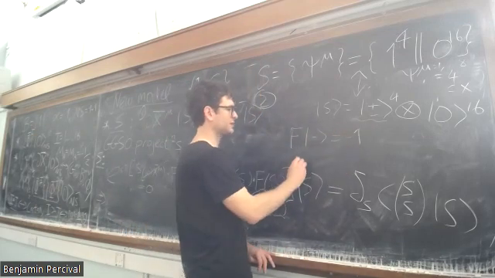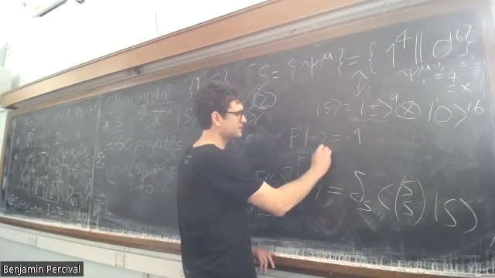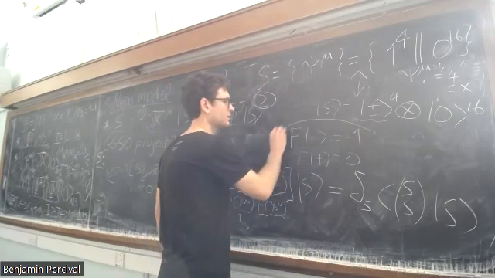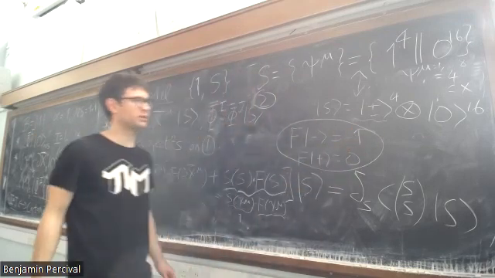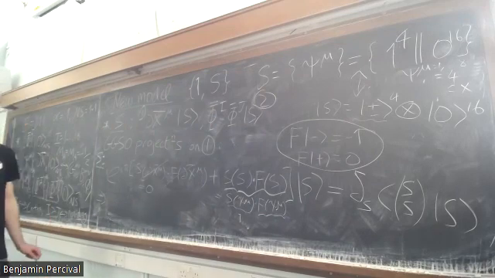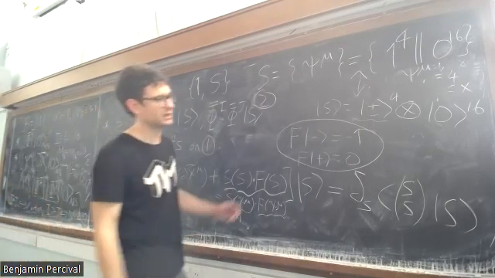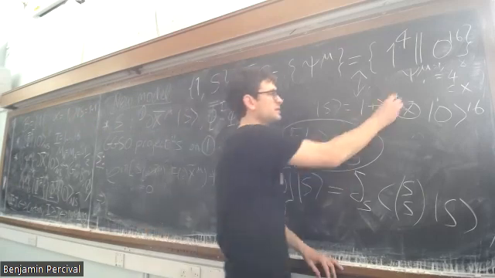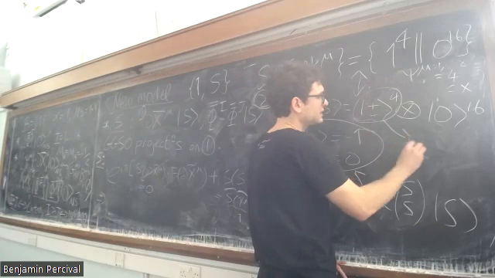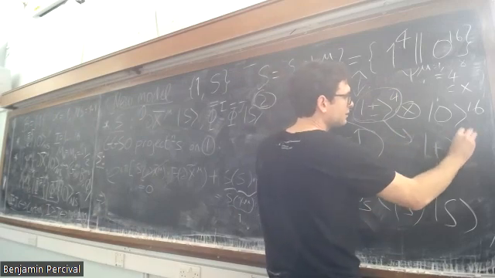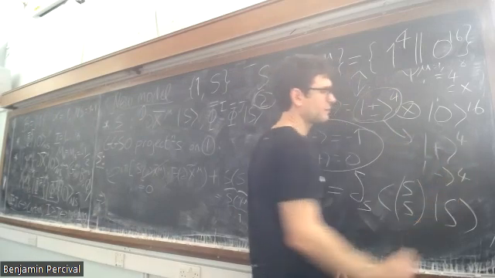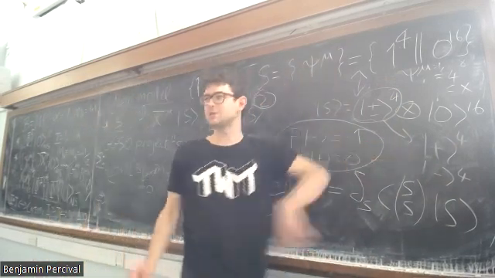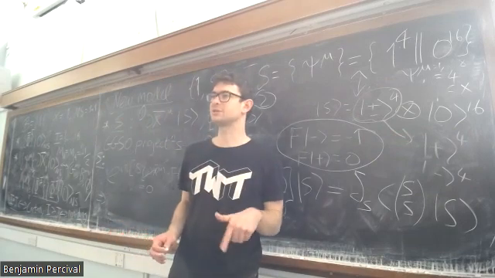But if you act with F on the plus, you get 0. Okay. But I think from the 10-dimensional model, what you have to say is that this is really either plus or minus. The combinations only arise when you look at lower dimensional models.